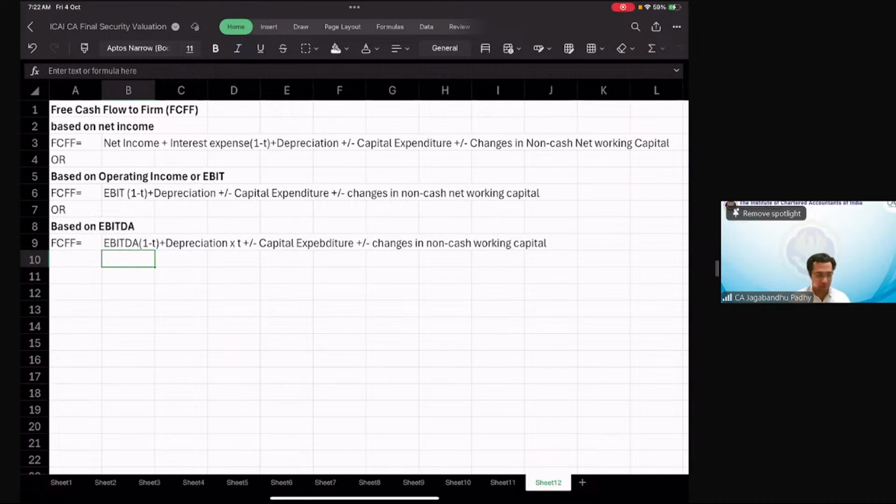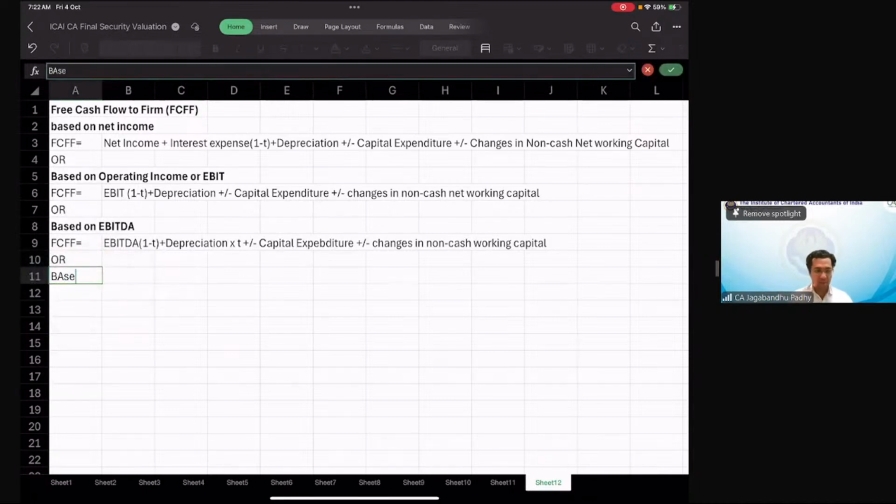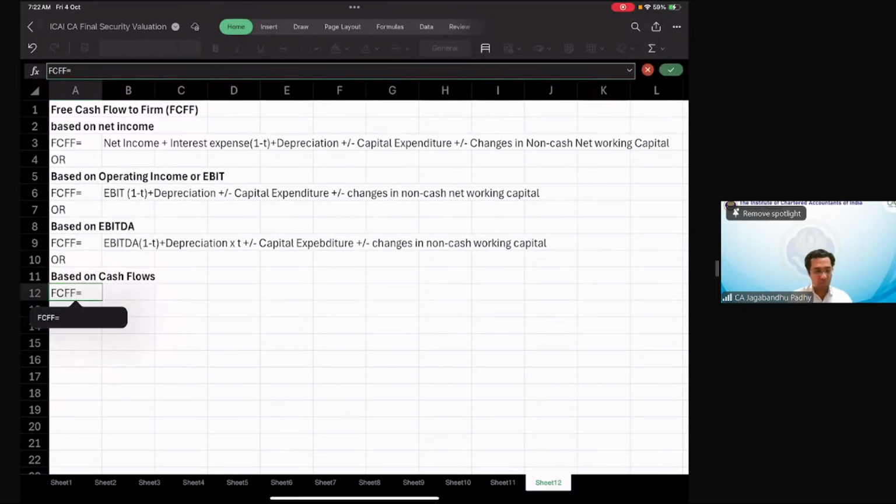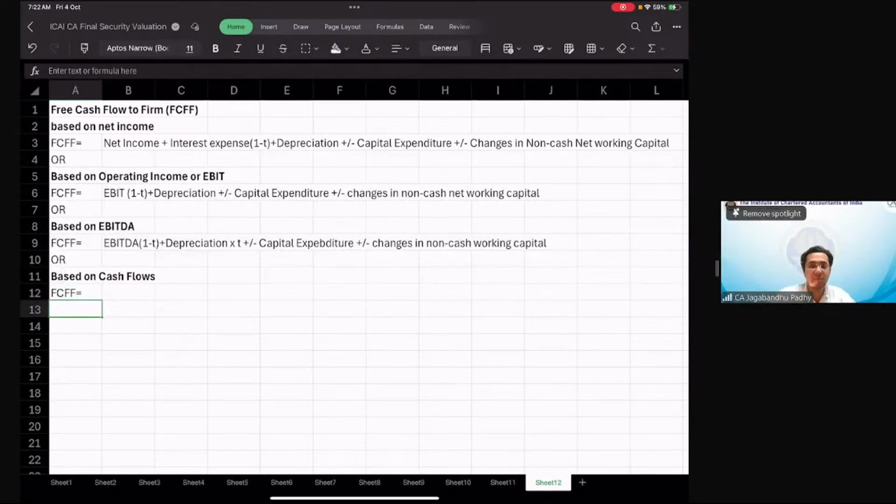There is one more approach left, which is, let's say you have access to the cash flow statement. Suppose you have access to the cash flow statement. Now, if I ask you to calculate that based on the cash flow statement, how do we calculate them? Which part of our cash flow statement are we going to begin with?